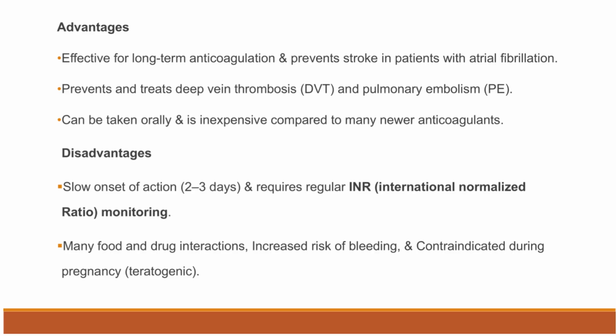For most conditions, the target INR is 2 to 3, while patients with mechanical heart valves may require an INR of 2.5 to 3.5. So the INR helps doctors adjust the dose. If the INR is low, the dose may be increased. If the INR is too high, the dose may be reduced to prevent bleeding.